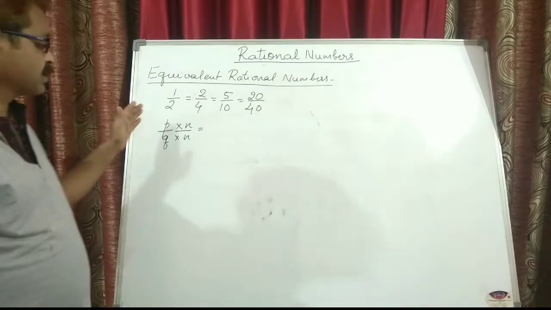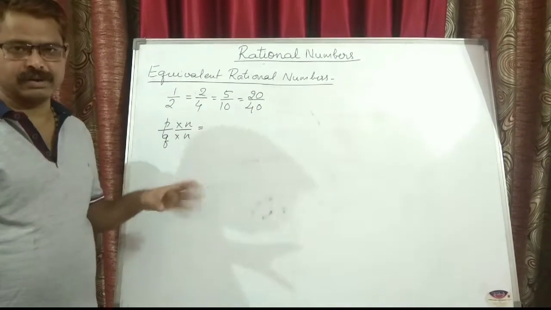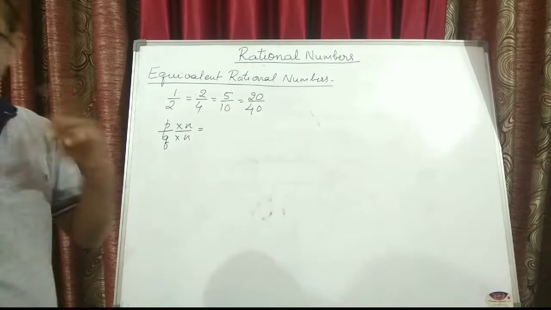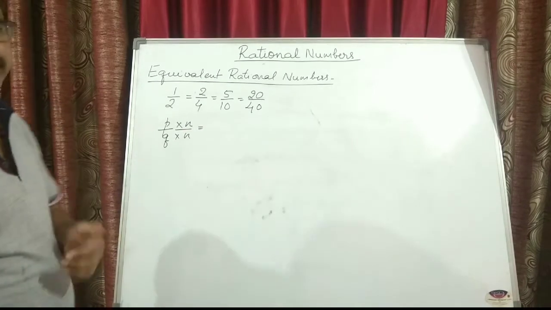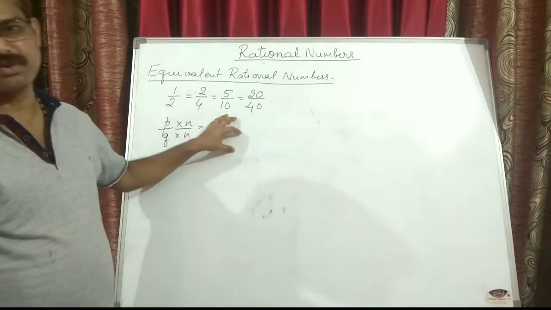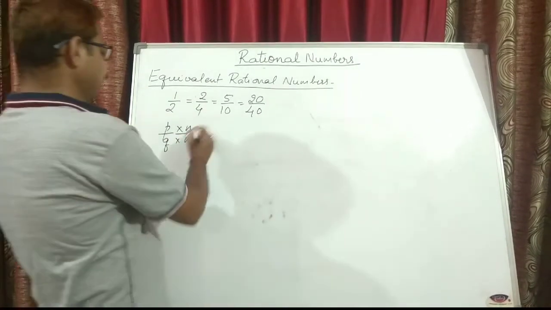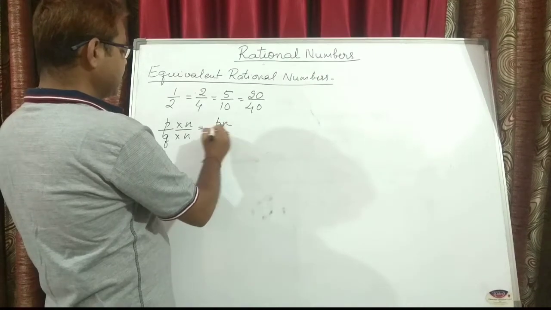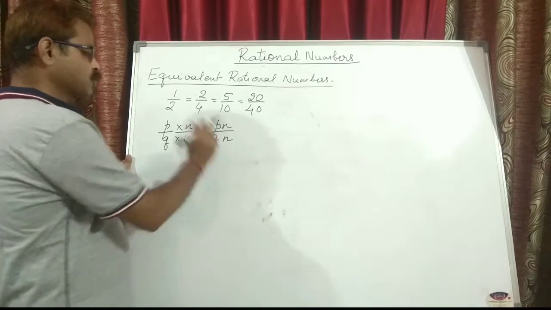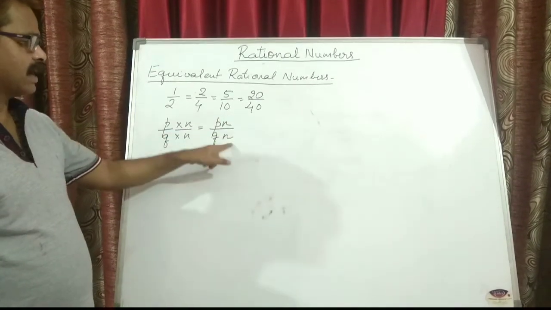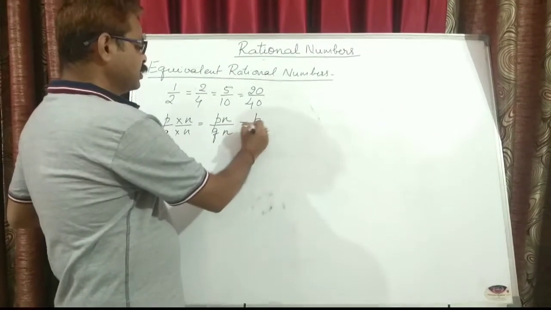So if any rational number written in the form of P upon Q is multiplied by a common number n, then whatever new fraction you get and the previous one are equivalent. This will be Pn upon Qn. P into n is Pn, Q into n is Qn, and finally n and n will cancel, and again you will get back P upon Q.